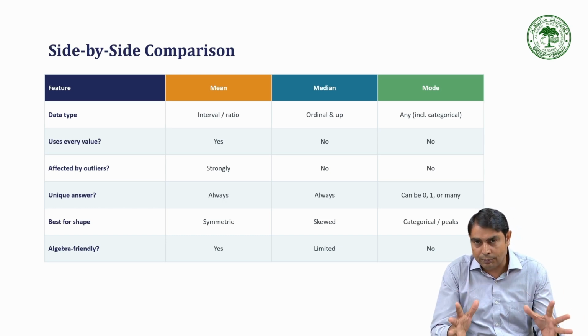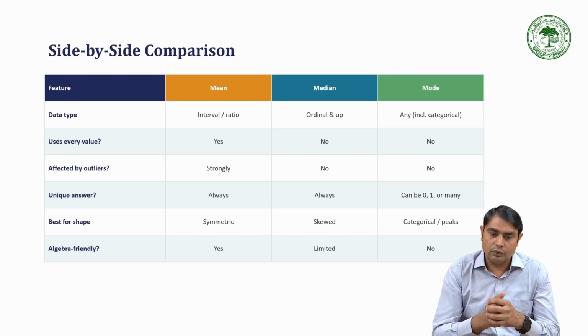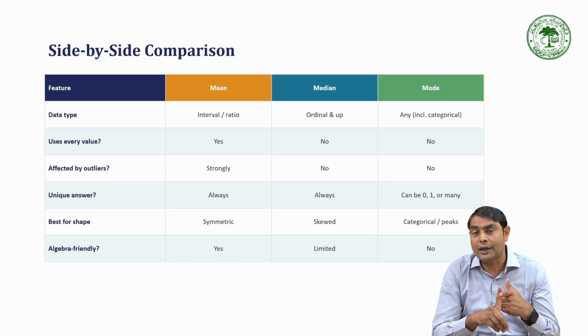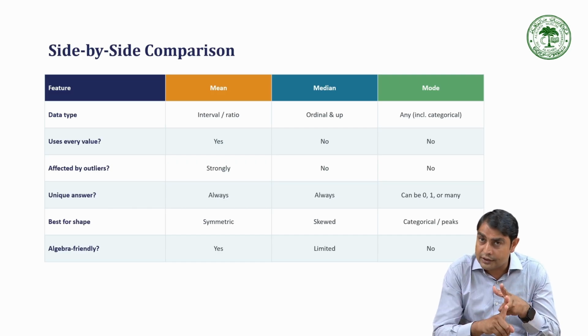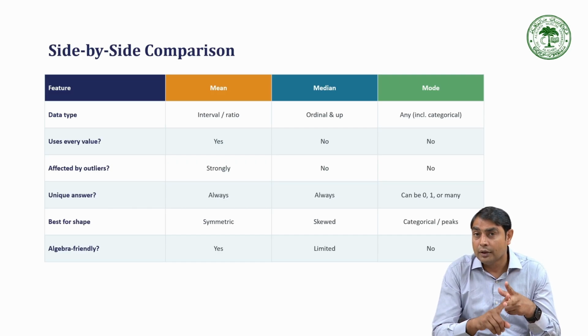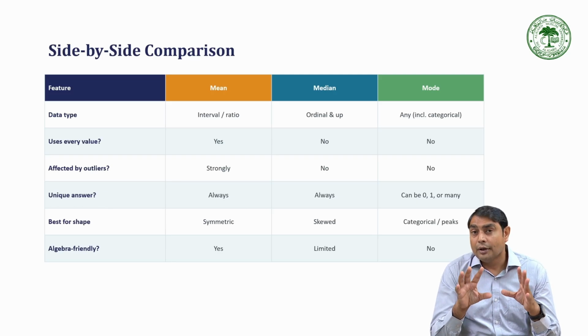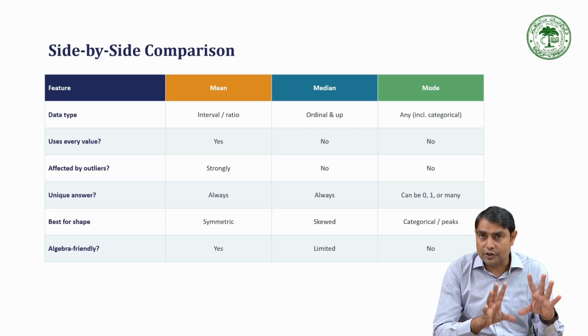So, comparing all these three, in one word, I can say mean is a very good measure if your data is free from outliers, if your data is symmetrical or normal, and if your data is continuous or carries some mathematical properties, and it is the best measure in that case.